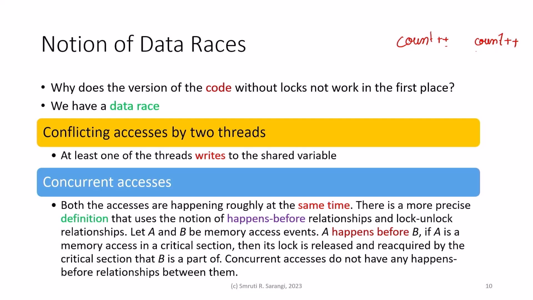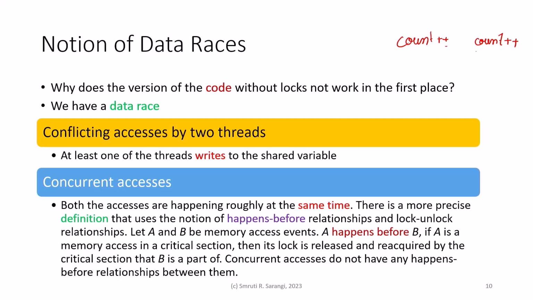So if there is no happens before path between any two events, and events are memory events, memory reads and writes, global memory reads and writes, then they are concurrent, regardless of the actual time at which they executed. This is the definition. If there is a path, they cannot be concurrent.